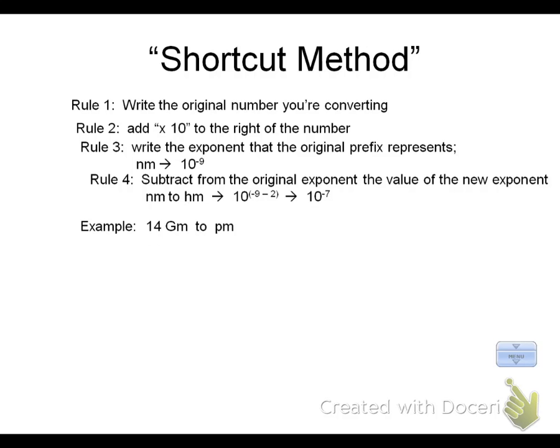So if I have, according to rule 1, 14, that's my original number. Rule 2 says add the times 10. All right, and then rule 3 says write the exponent that the original prefix represents. Well, my original prefix was giga, which is 9. Rule 4 says subtract from the original exponent the value of the new one.